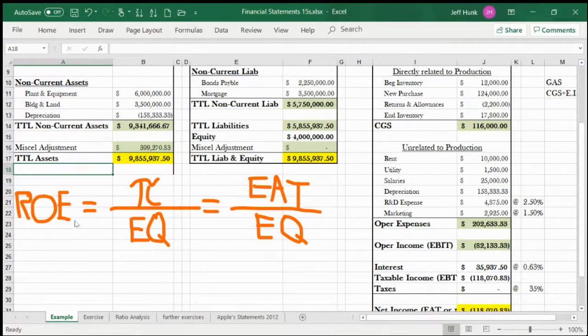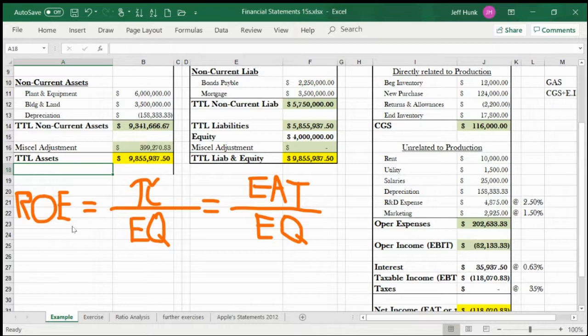ROE, return on equity, is measured as of when? It can be measured at the end of the year, isn't that right?